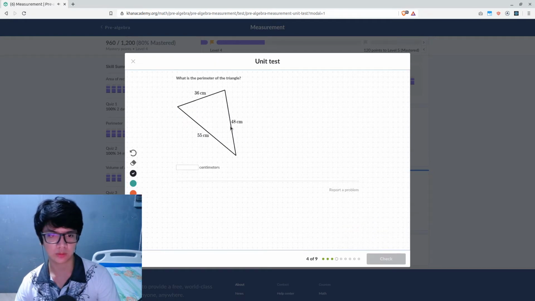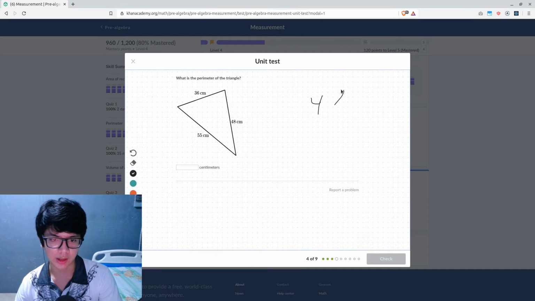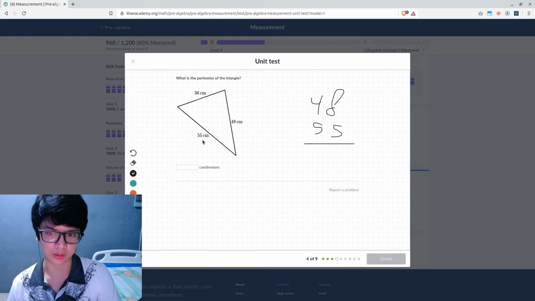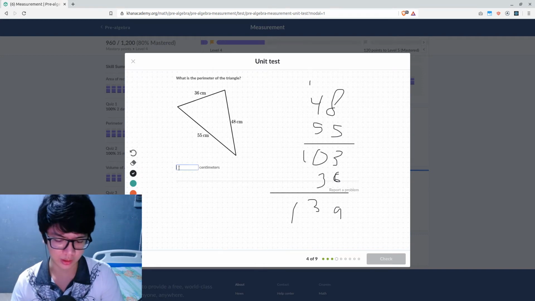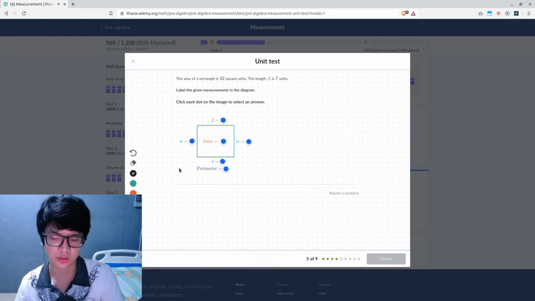Okay, cool. What's the perimeter of the triangle? Oh, it's gonna add all of it up. Let's do 48 and 55 first. So we have 13 and 10 plus 36. 9, 3, 1, 3, 9 centimeters. The area times 42, the length is 7.